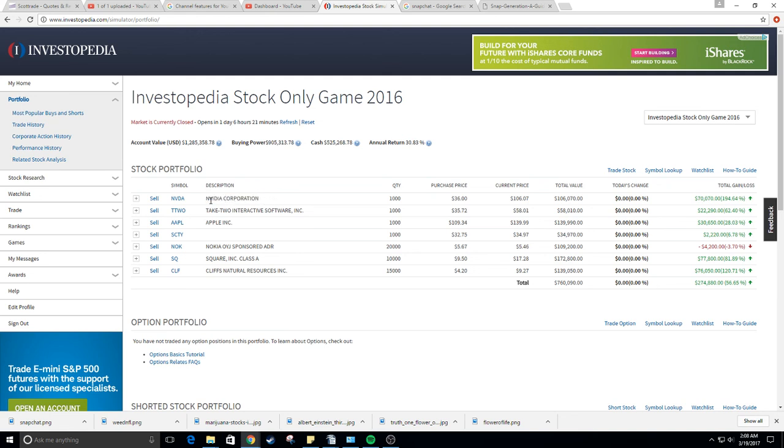NVIDIA is a graphics processing unit manufacturer. Their graphics cards pair well with Intel processors. I work in technology, so I know this, and I know MacBooks all have the Intel chip, and they're going to be supported by a NVIDIA graphics card.